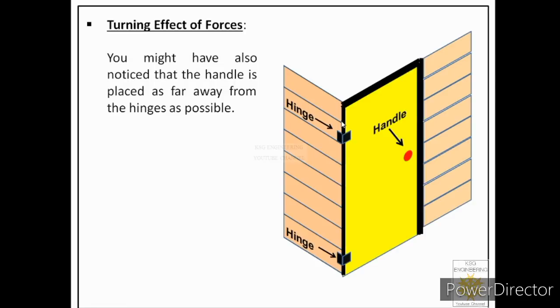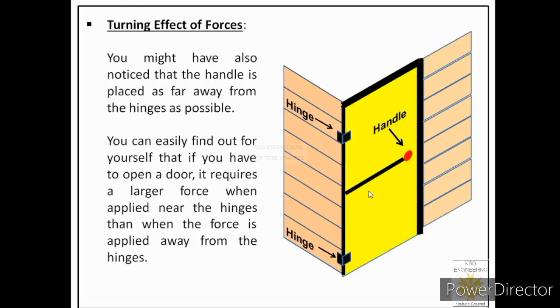You might have also noticed that the handle is placed as far from the hinges as possible. You can easily find out for yourself that if you have to open a door, it requires a large force when applied near the hinges than when the force is applied away from the hinges.